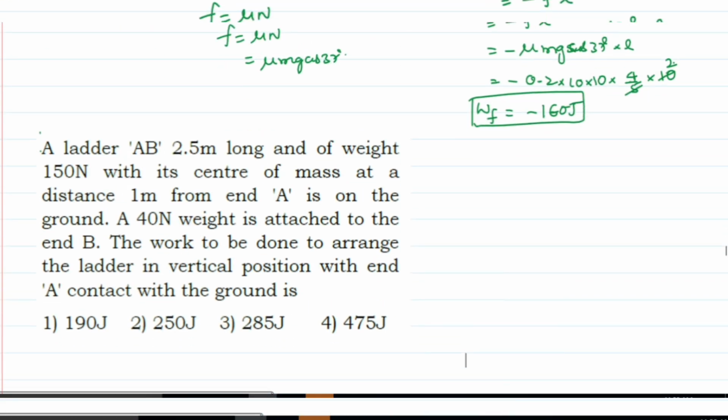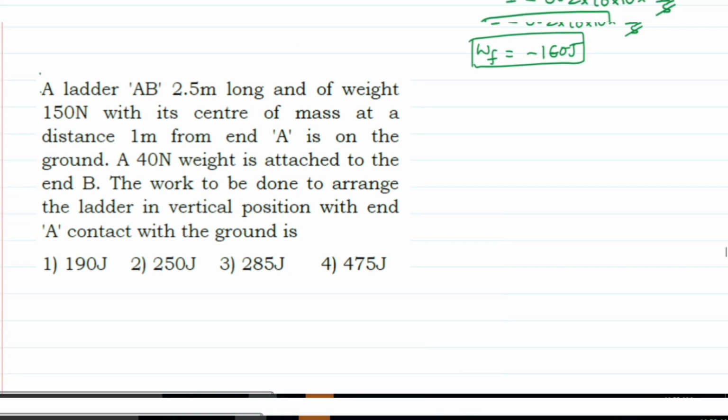Now let us see the next question. A ladder AB of 2.5 meter length and weight 150 newtons is given. Initially you are taking this as a ladder, you just imagine.